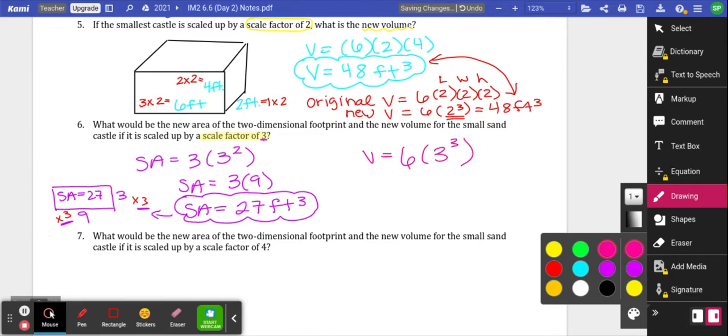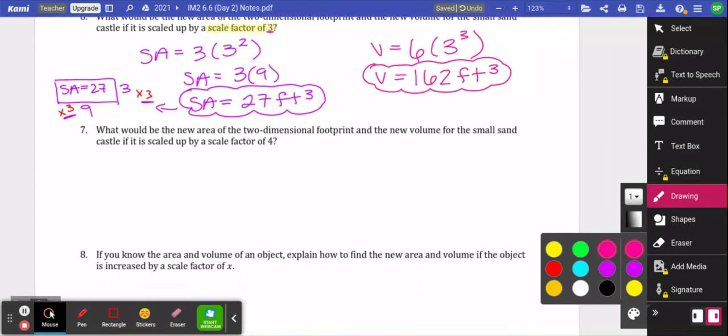Length times width times height. So 3 threes being multiplied together. So our new volume is going to be 6 times 3 cubed. So our new volume is going to be 6 times 27, so 162 feet cubed. And you could definitely do a drawing here if you wanted to.